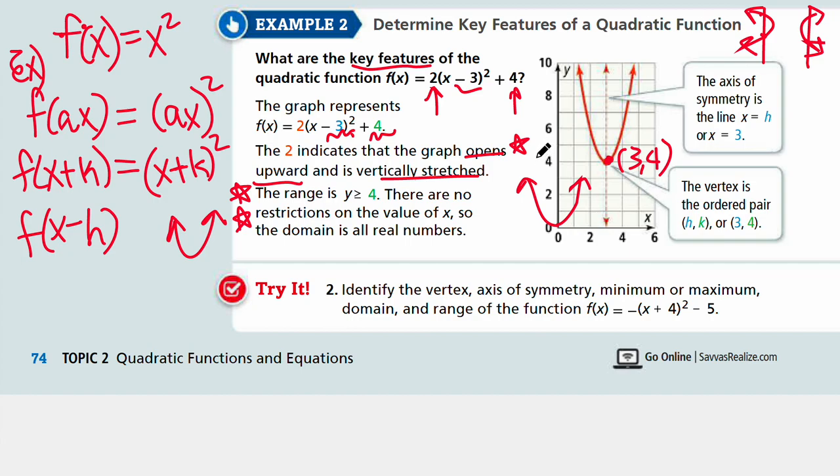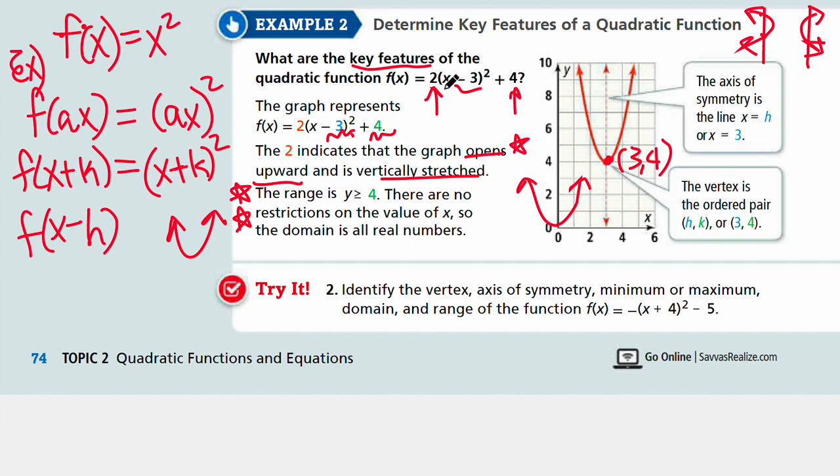Basically, you have a 50-50 chance, but you have to look at the value of a here. And is it vertically stretched or vertically compressed, or horizontally stretched or compressed? In our vertex form, you will only see vertical stretch or compression. So make a note on that.